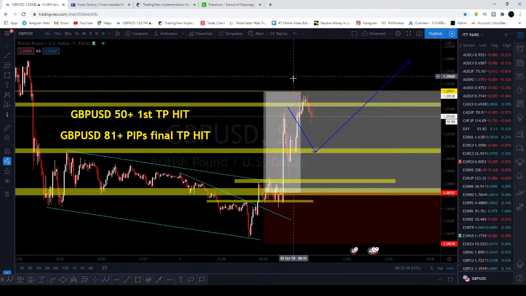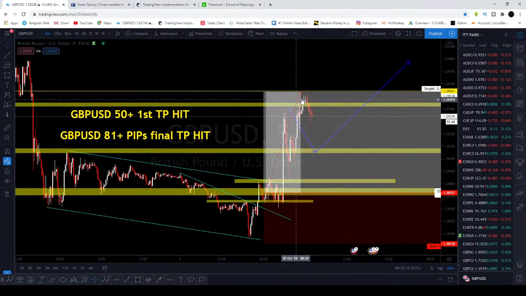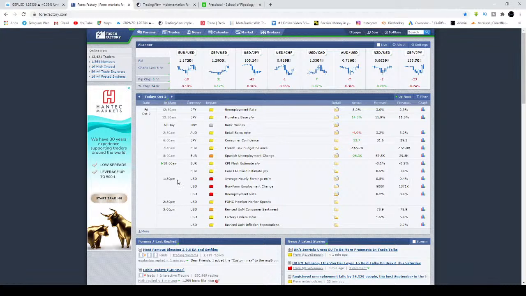So let's see if we'll be able to make it during NFP trade, right? And as you can see, it starts by 1:30 p.m. my time, so 3 hours remain now.